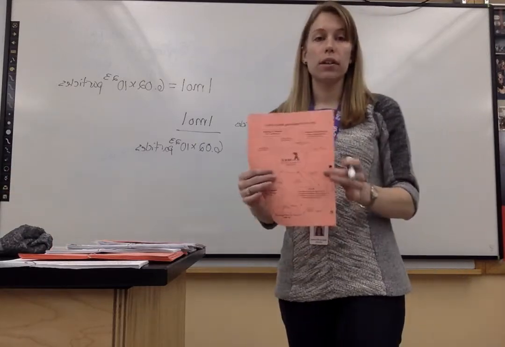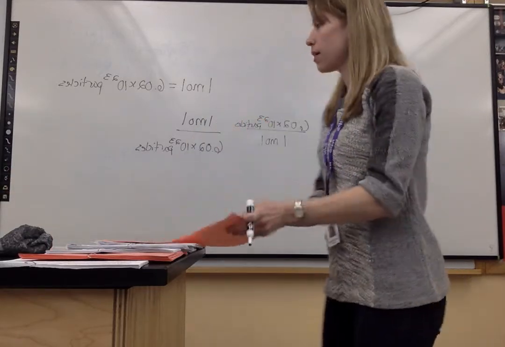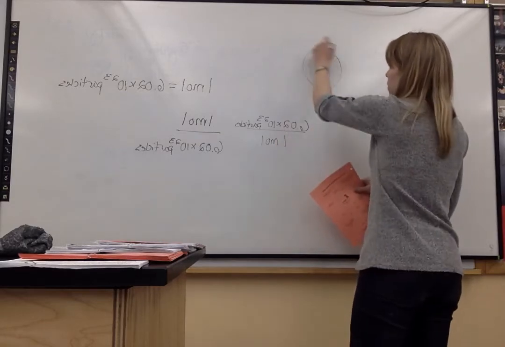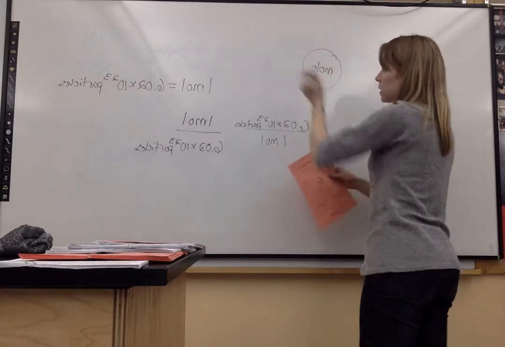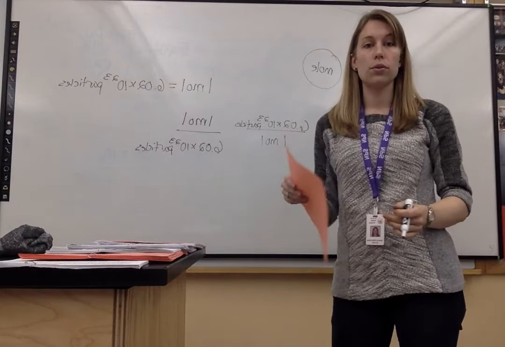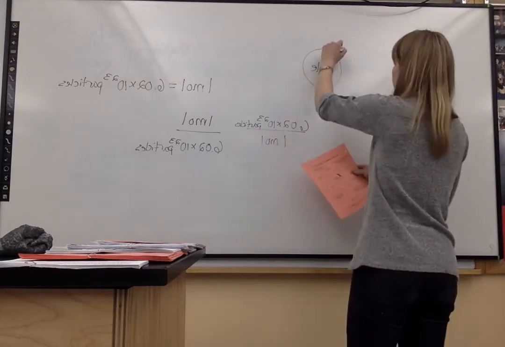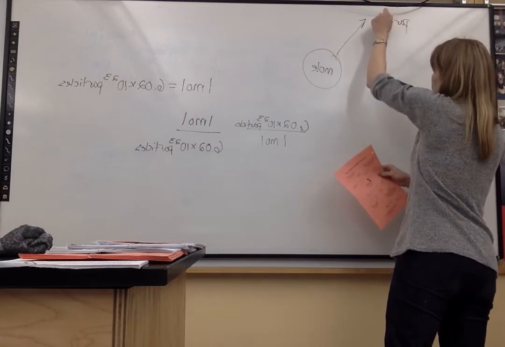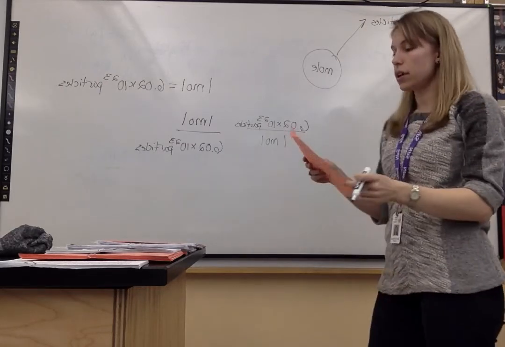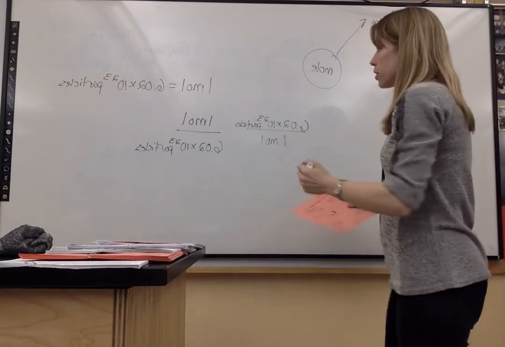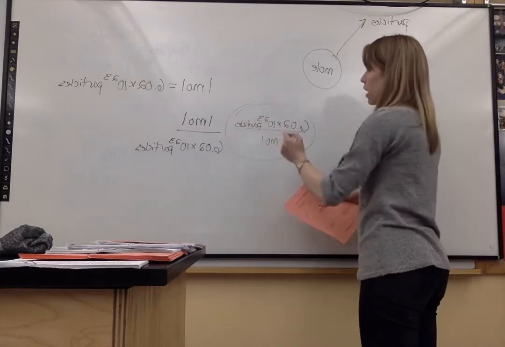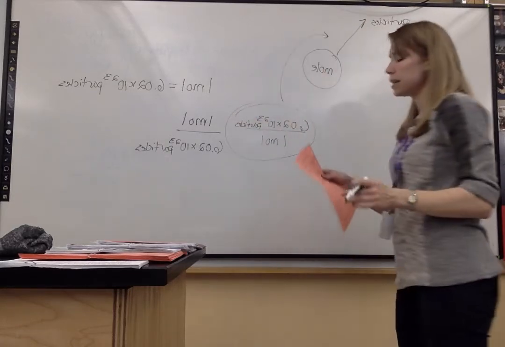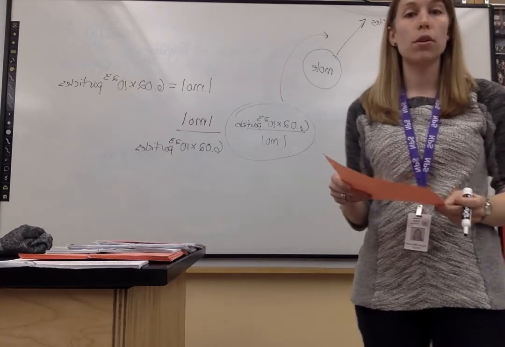If you take a look at your mole map, you have your mole here in the center. Let's say that you would like to go to representative particles, this way, up here to particles. In order to get there, you're going to want to use this conversion factor, because that's going to help you convert between particles and moles.